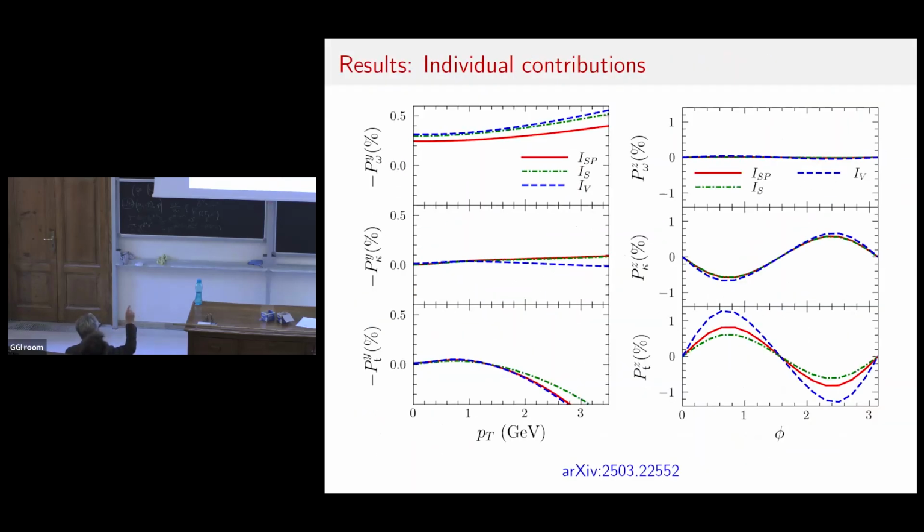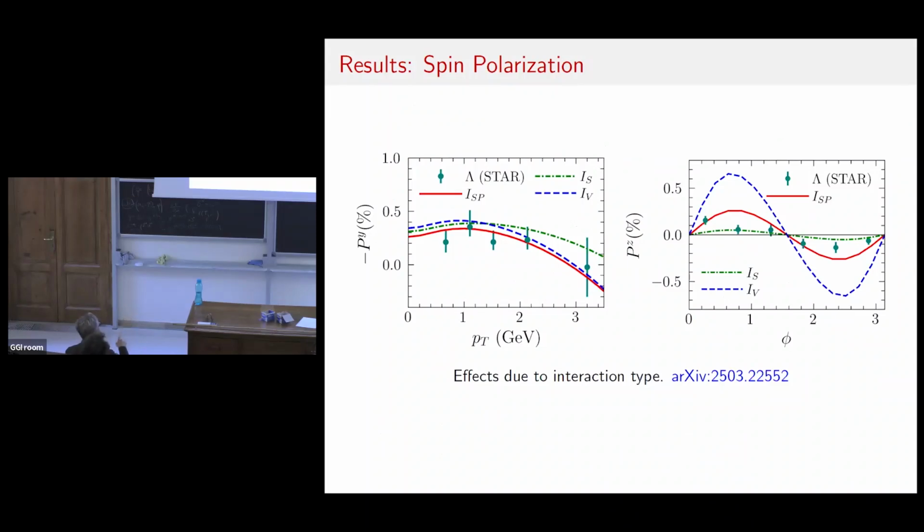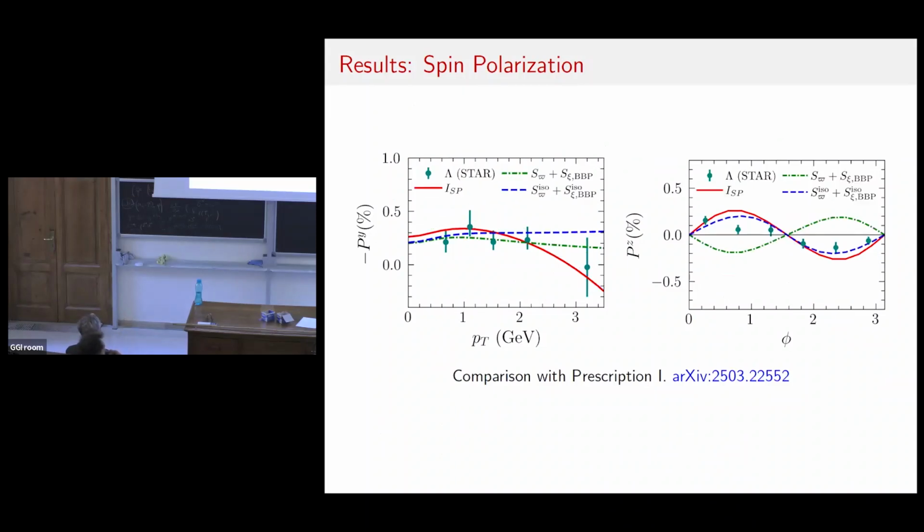If you look at the comparison with the data, with the isothermal freeze-out method, then you have fair agreement with the data. Well, let's forget about the data. Let us compare the blue line with the red line. The blue line and red line are almost the same.